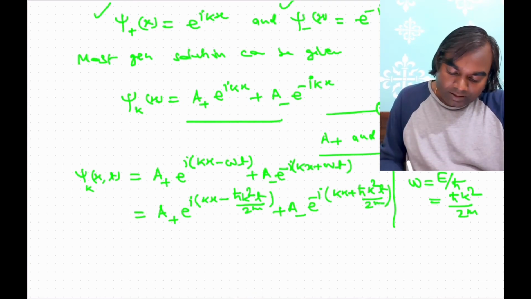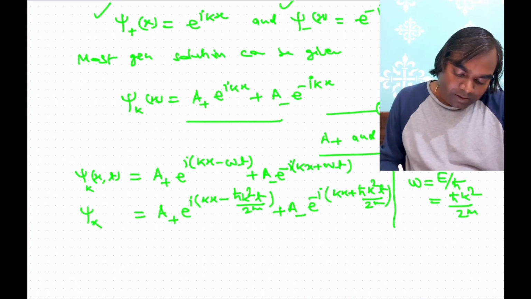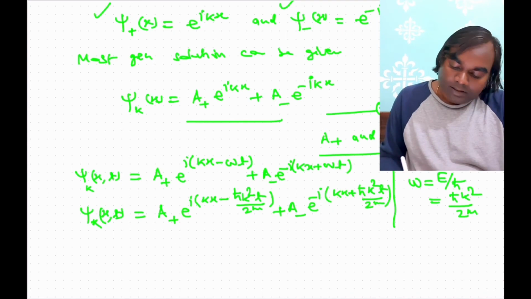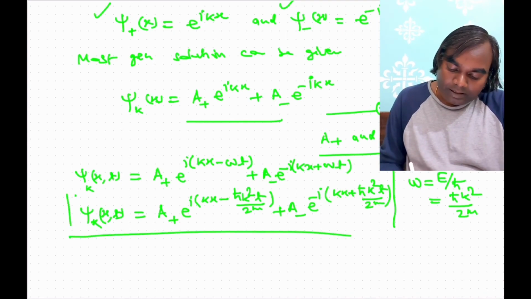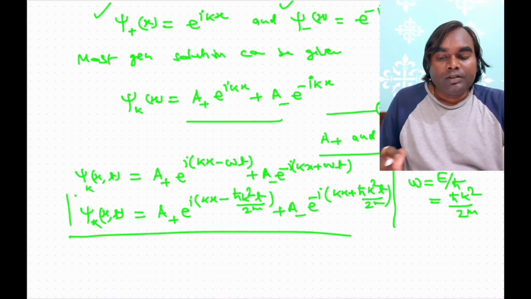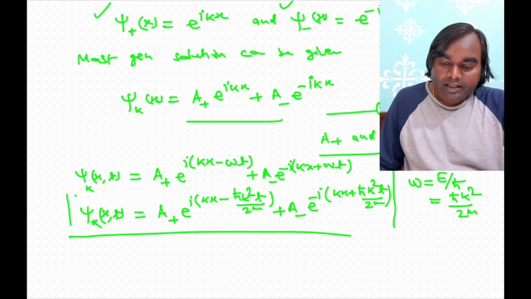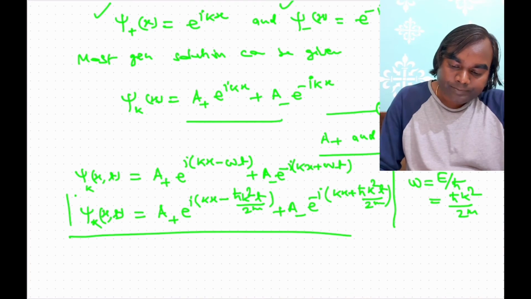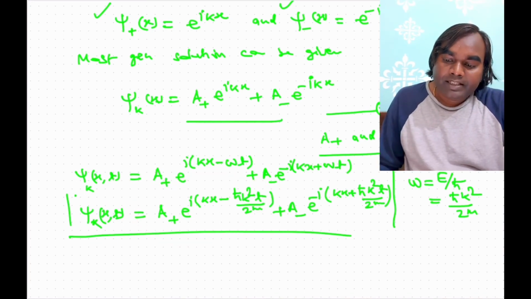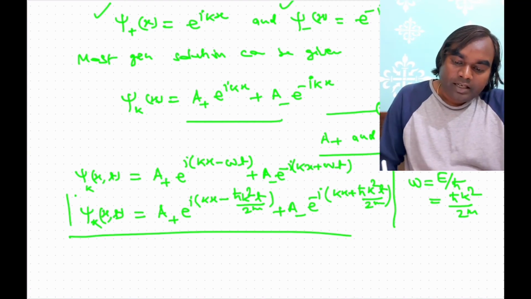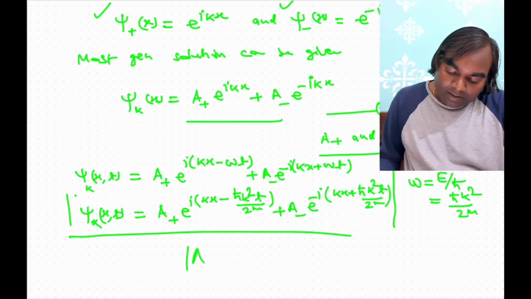Okay, so this is the most general solution for the particle in a continuous state, that is, the particle is free, where the first term represents the wave traveling in the right direction, while this term represents the wave traveling in the left direction, and the intensity of these waves can be given by the square of their amplitude respectively.